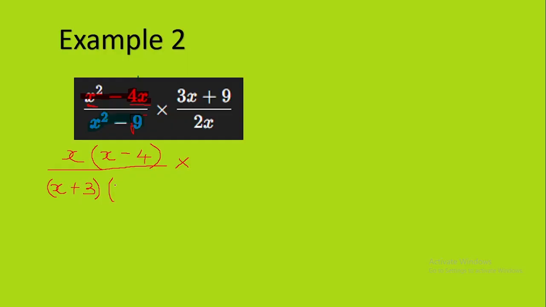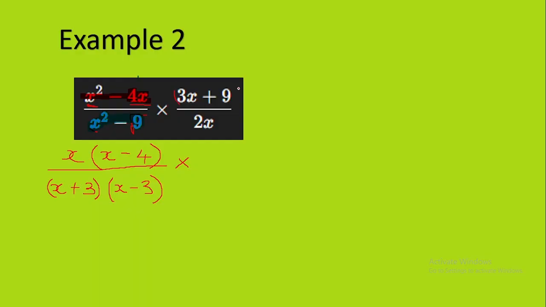And we'll have the same thing inside the second bracket, but you just change the sign from plus to minus. So in one bracket you have plus, the other bracket you have minus. That's how we factorize using difference of two squares. So we have our x squared minus 9, and the square root of 9 is 3, so 3 in both brackets.